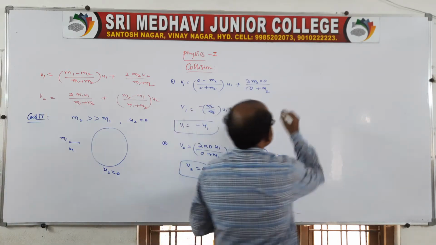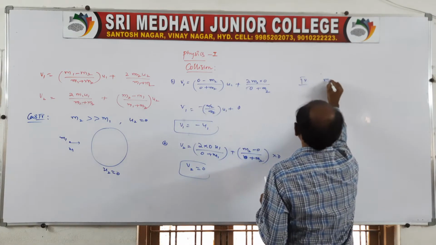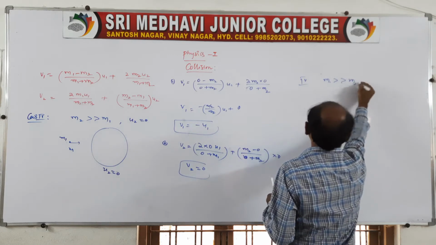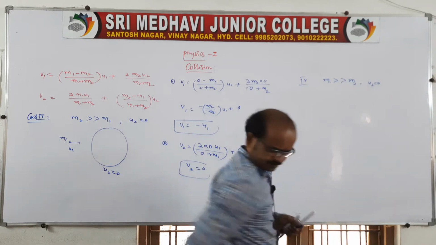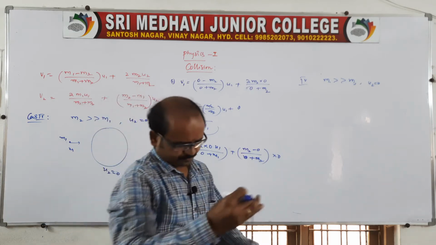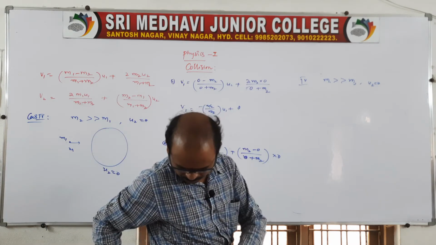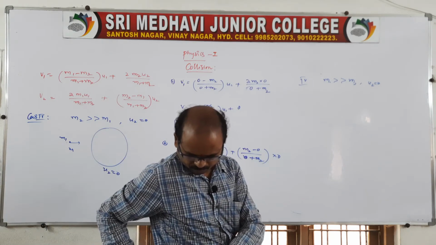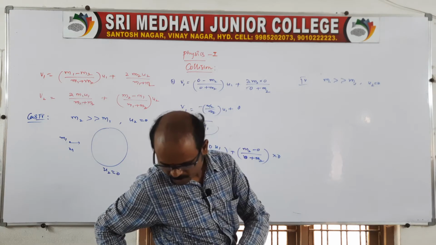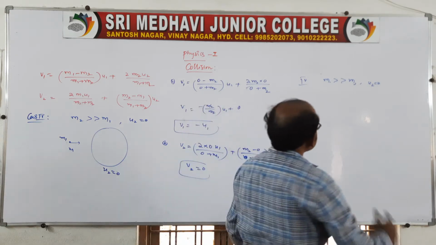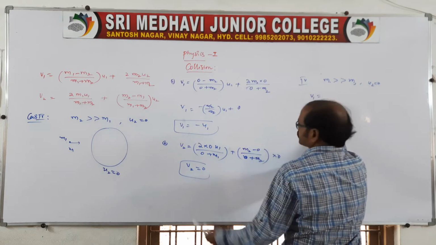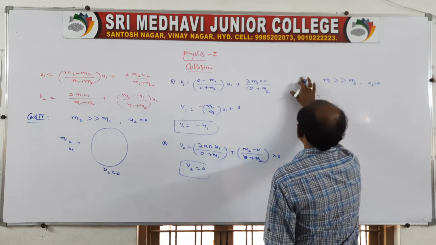Now case number 5: suppose m1 is very much greater than m2, and the second body is at rest. Again, the same situation. This is the fifth case.